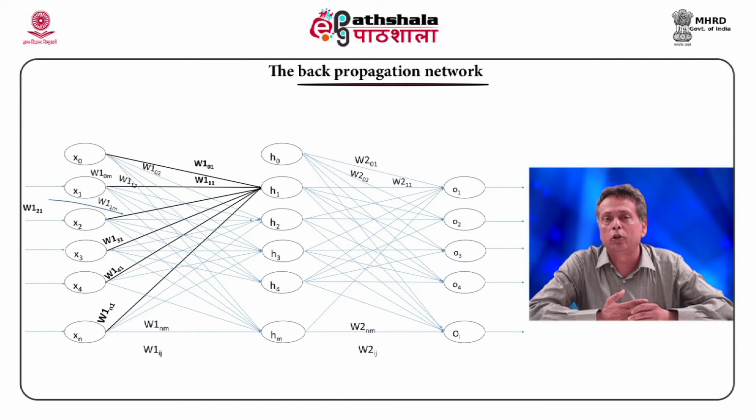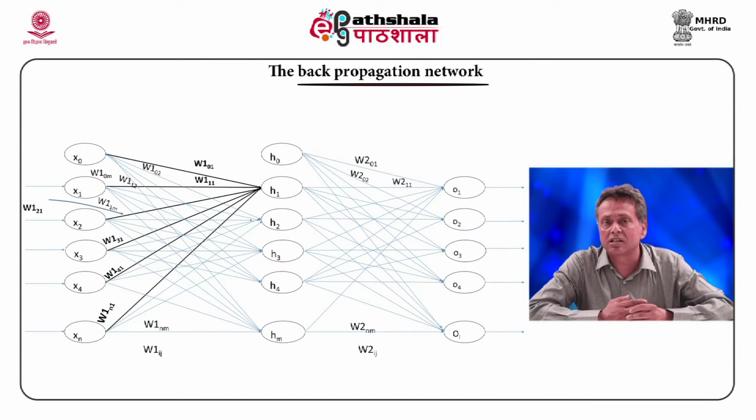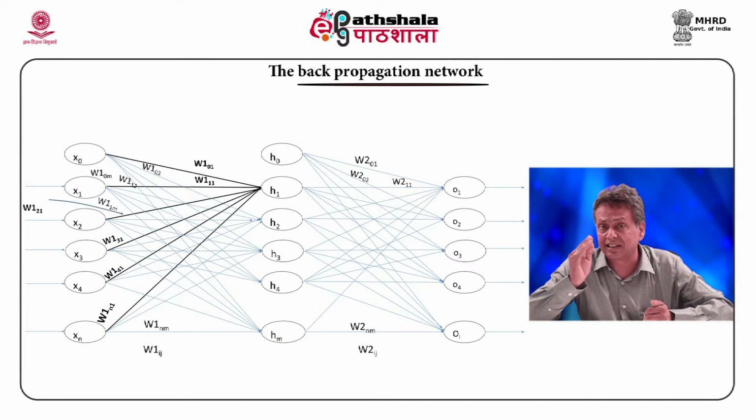For example, W101 means a weight between the 0th input unit and the first hidden unit. W201 means the weight between the 0th hidden unit and the output unit 1. Remember that is what the indication is, and that is how it is done.